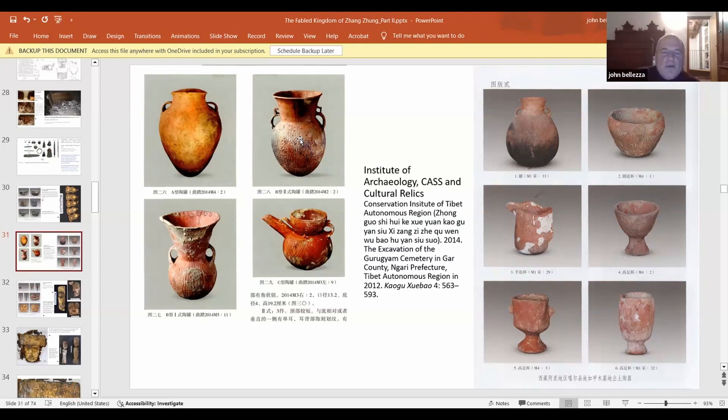We see that they were used for a variety of purposes, again indicating the richness of early culture in Western Tibet in the early part of this Common Era, and we have ceramics going even further back, also of considerable variety, dating to the second half of the first millennium BC.